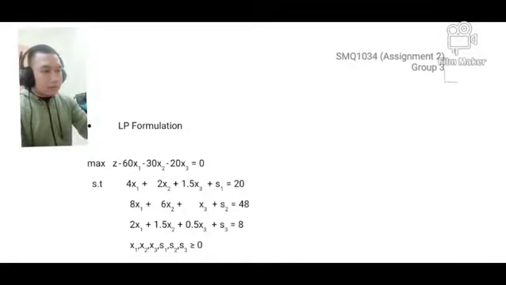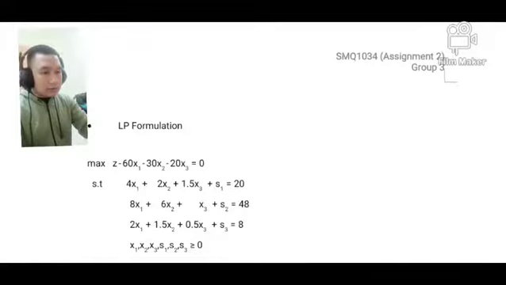For the constraints: 4x1 plus 2x2 plus 1.5x3 plus s1 equals 20. 8x1 plus 6x2 plus 3x3 plus s2 equals 48.